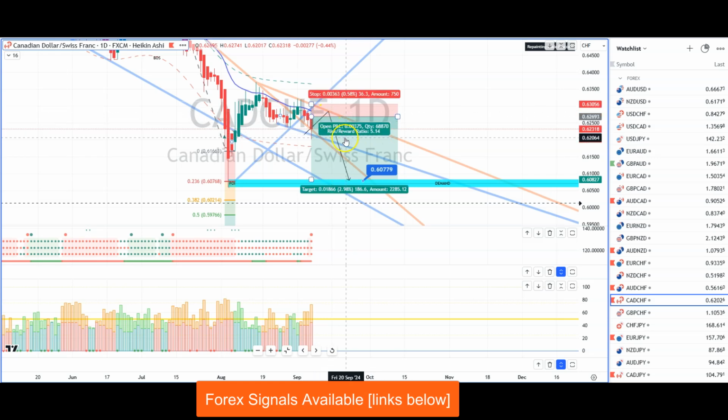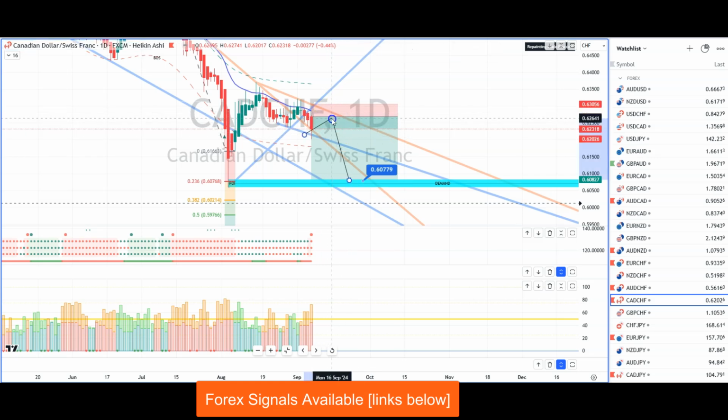And the Canadian Swiss, just expect a little bit of a pullback into Monday, Tuesday, and then look for a sell if you're not in it already. We will be moving the stop losses. We do the stop losses every day for VIP members, and we do the targets if there's any adjustment as well. So we immediately reduce our risk enormously and get into a position.